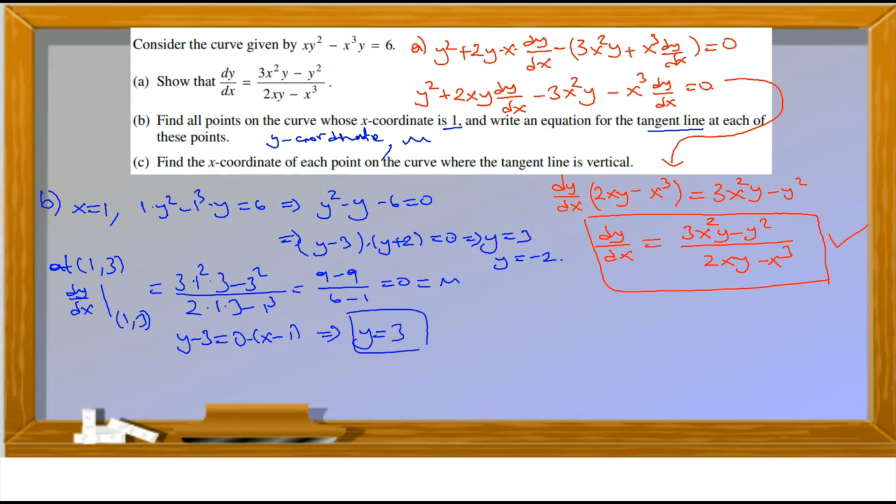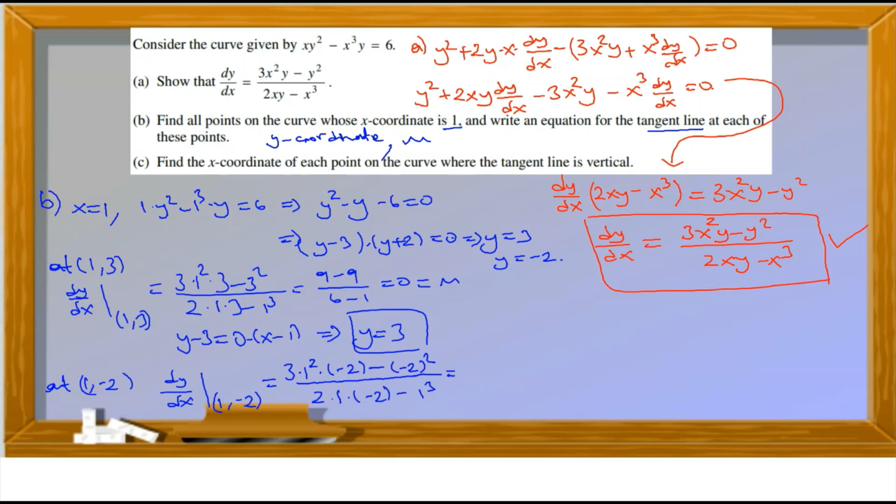Now at the point (1, negative 2), let's figure out the slope. Again we plug in 1 for x and negative 2 for y. So 3 times 1 squared times negative 2 minus negative 2 squared, divided by 2 times 1 times negative 2 minus 1 cubed.